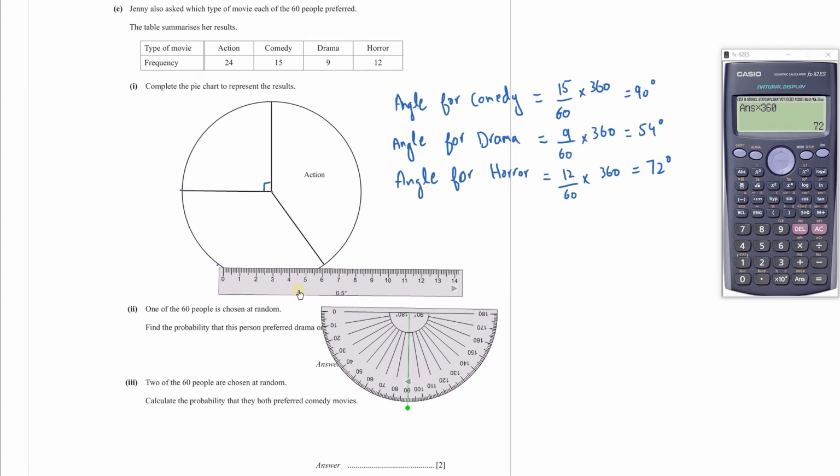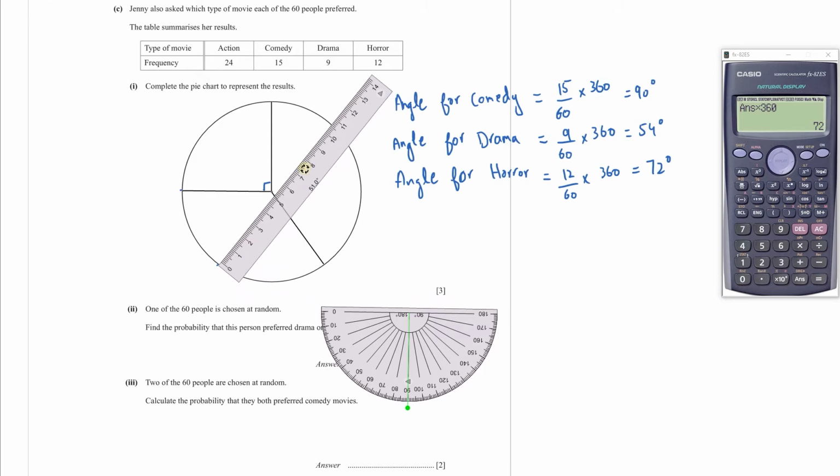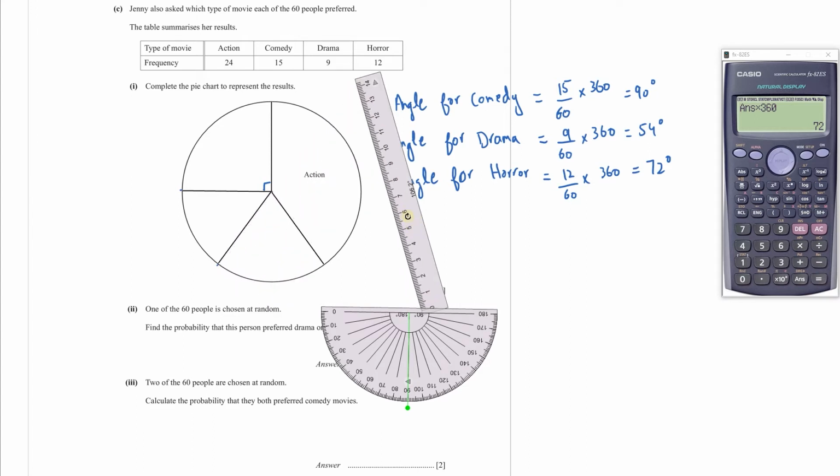So let's draw this line as well. So this was comedy.